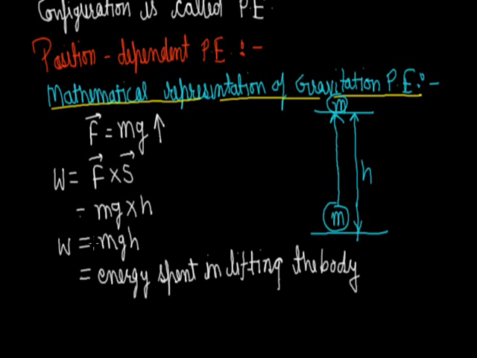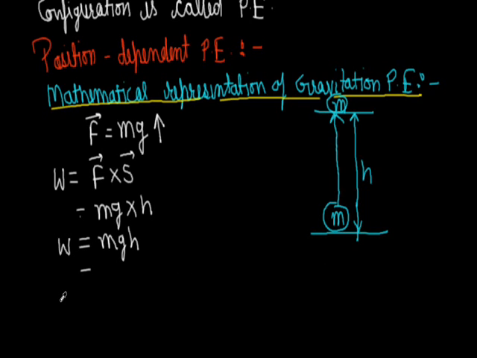Here a negative sign occurs since the direction of the force of gravity and the displacement are in opposite directions. So we can say a negative sign occurs because F and S are in opposite directions.